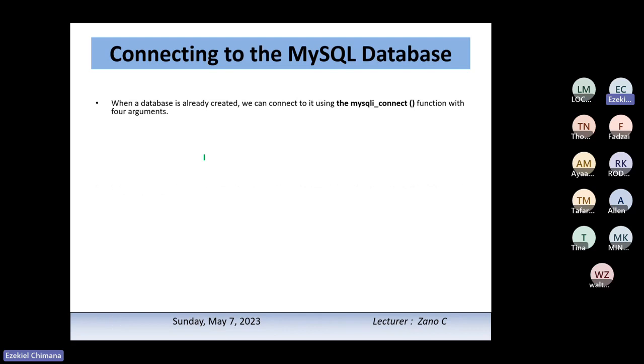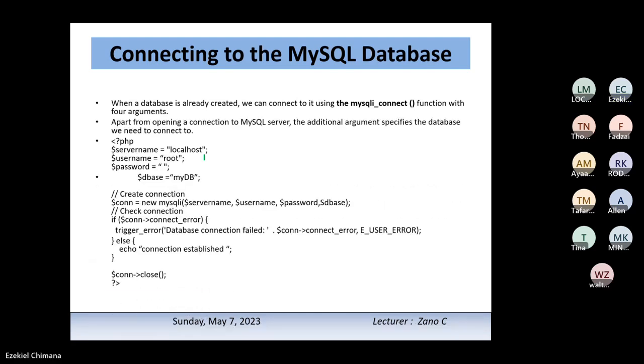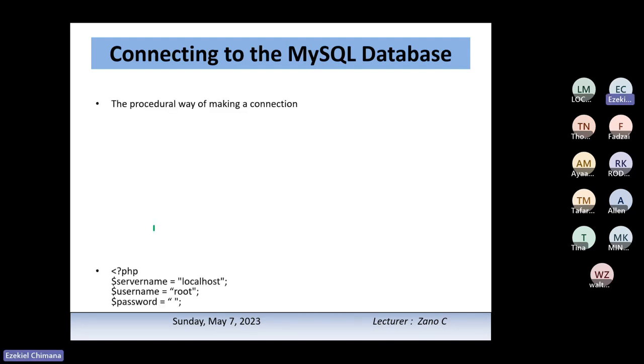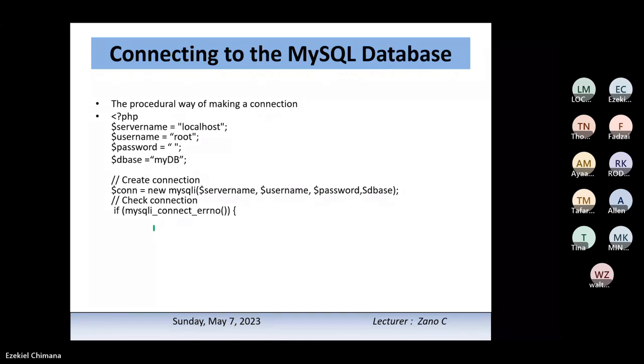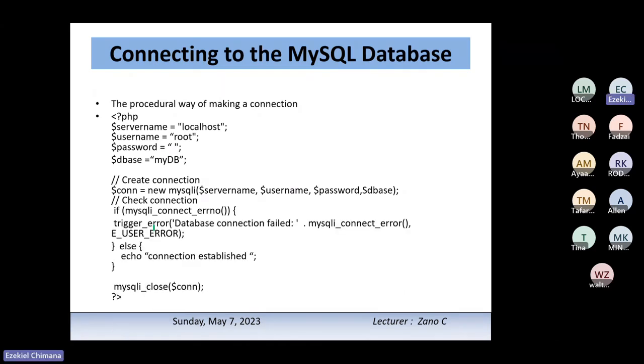So let's now connect to the database. Connecting to the database, okay, it's just the same. Maybe it's just for using this the other way around, but it's just one thing there. So what else do we need here? Maybe let me see if we need something.